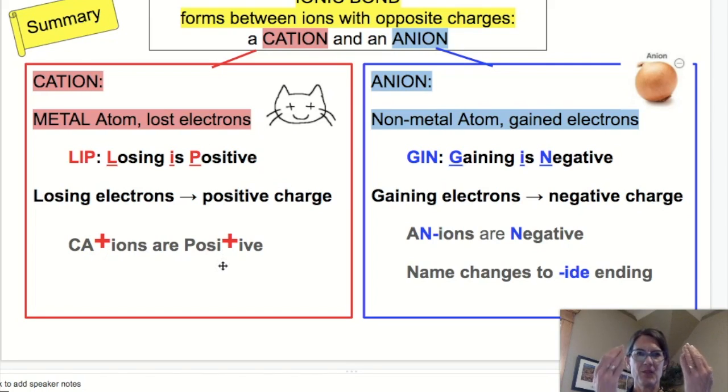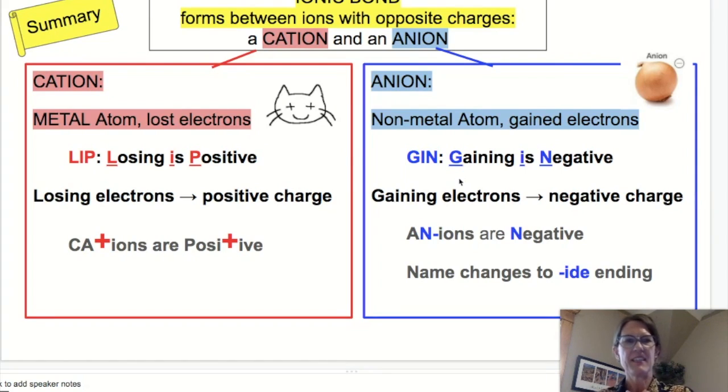And remember also, cats have paws. Cations are positive. On the other side, anions, kind of looks like the word onion. It's a non-metal atom that gained electrons. And here's another memory tool, gin, G-I-N, spells gin. Gaining is negative.